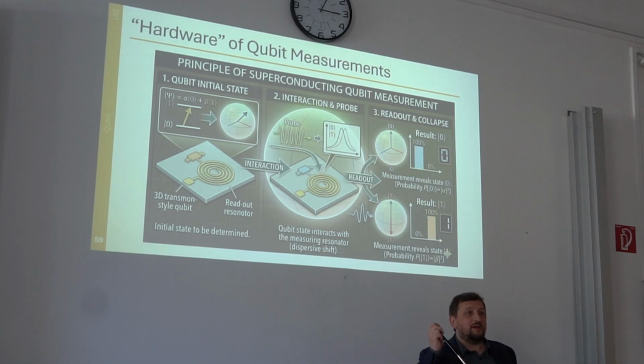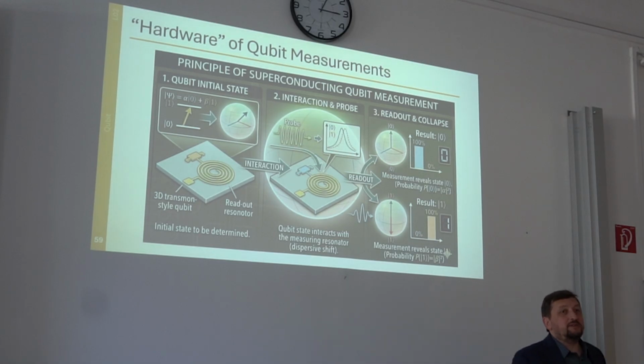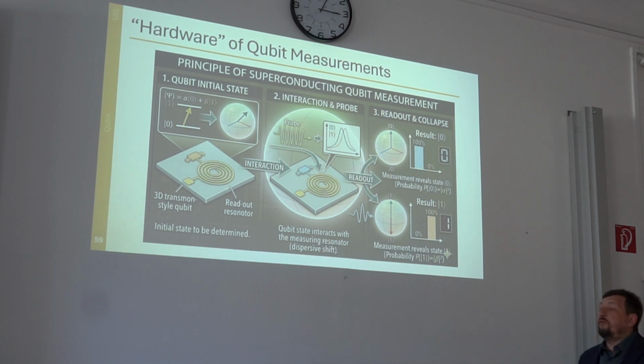Now, back to your question. What happens if the qubit is in a superposition of states? We will get a random result. We will never get superposition. This is a property of quantum measurement. It doesn't depend on the particular way we measure the system.